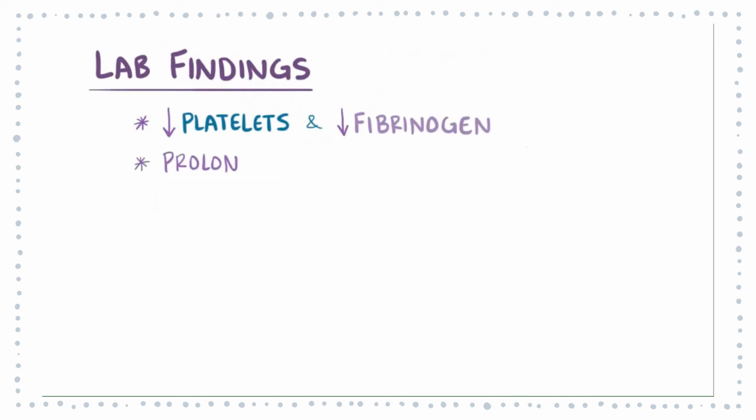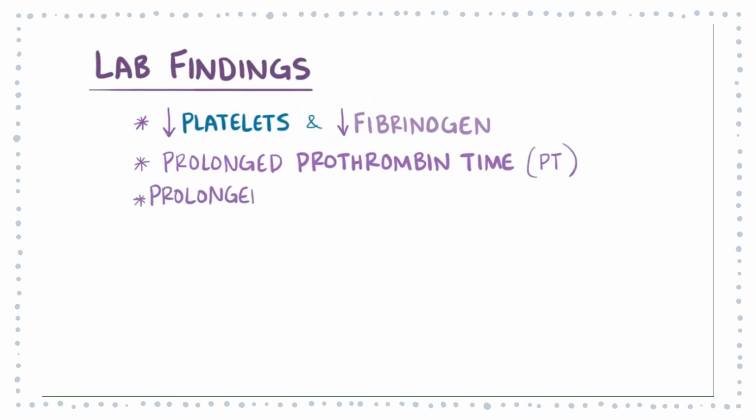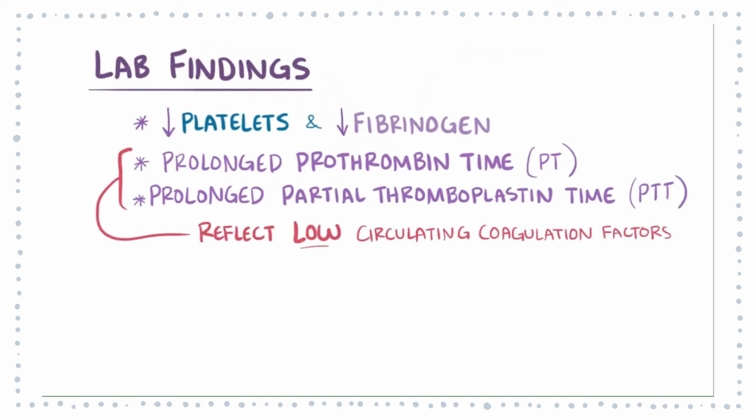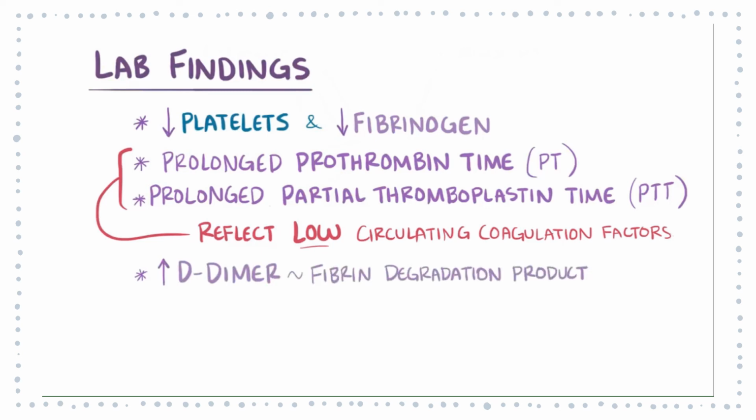There's also a prolonged prothrombin time, or PT, as well as prolonged partial thromboplastin time, or PTT, both of which reflect having lower levels of circulating coagulation factors. In addition to lower levels of specific clotting factors, there are elevated levels of D-dimer, which is a fibrin degradation product that's produced when fibrin clots are broken down.